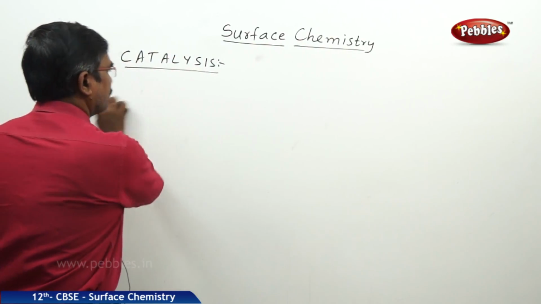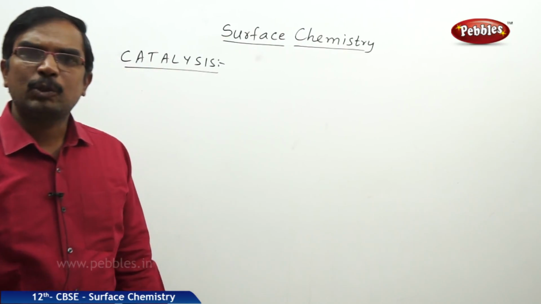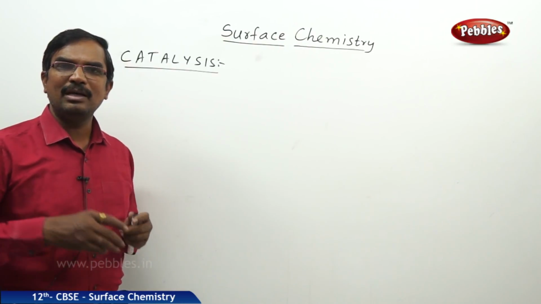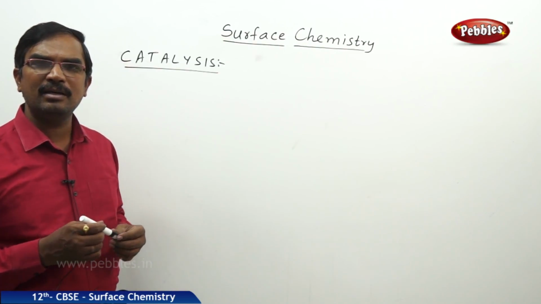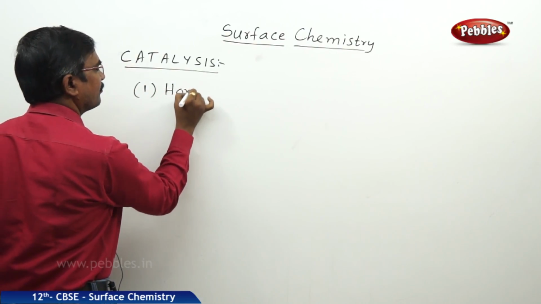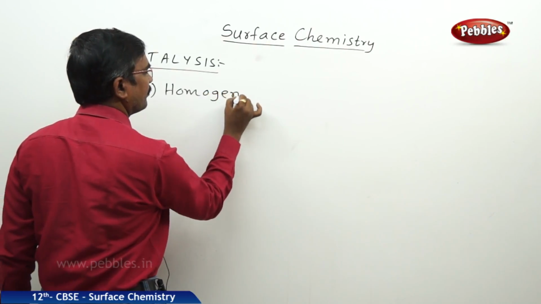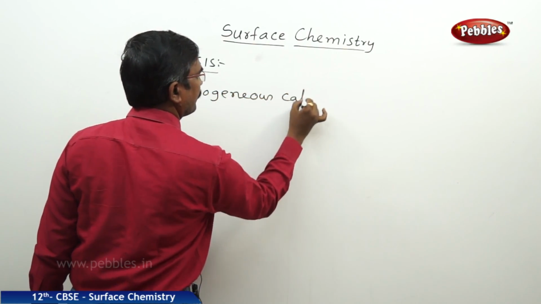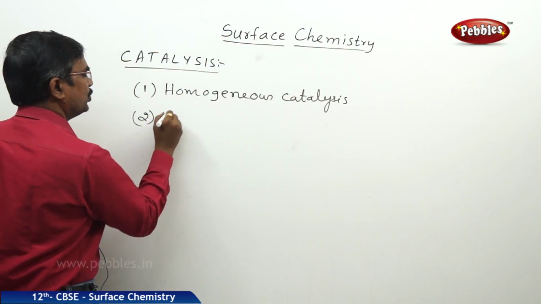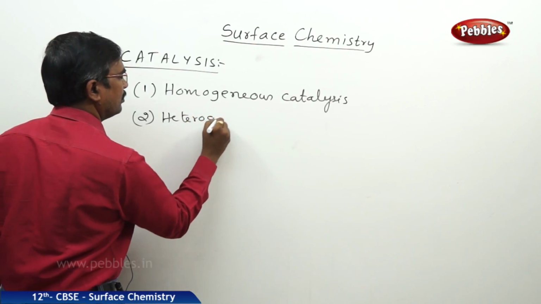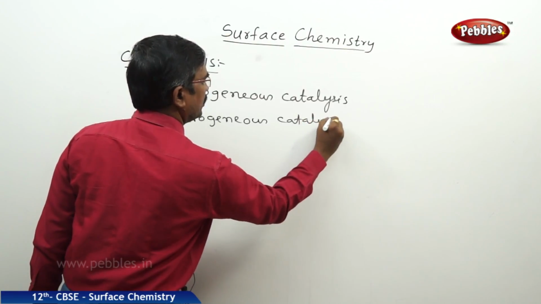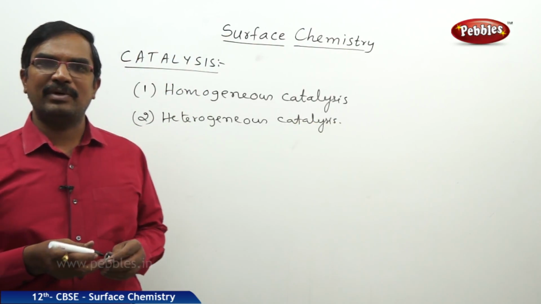And apart from this, there are two types of catalysis, based on the physical states of the reactants and the catalyst. One is homogeneous catalysis, the second one is heterogeneous catalysis. So what is the basis to classify like this?